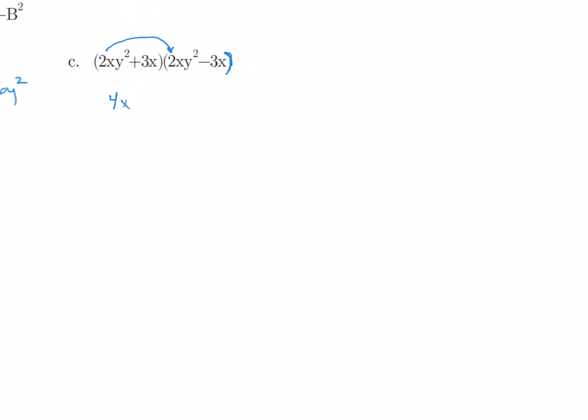X times x is x squared. Y squared times y squared is y to the 4th. Our outsides, we get minus 2 times 3 is 6. X times x is x squared, and we still have y squared.